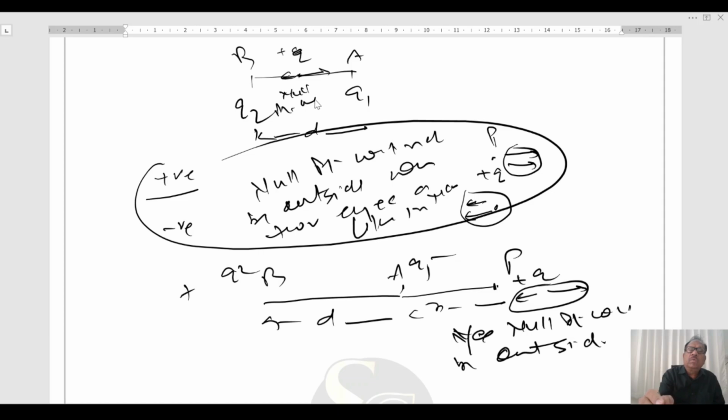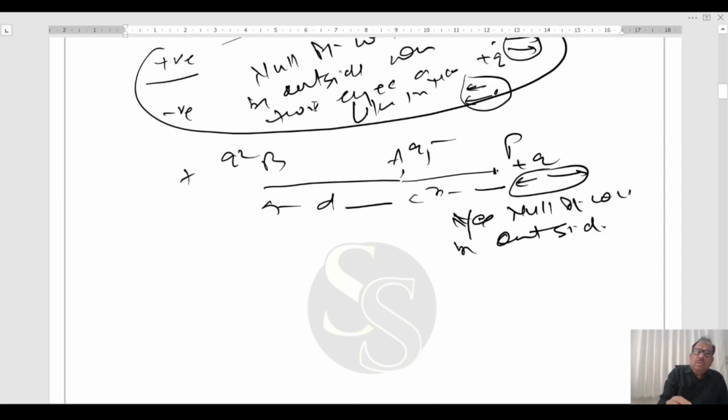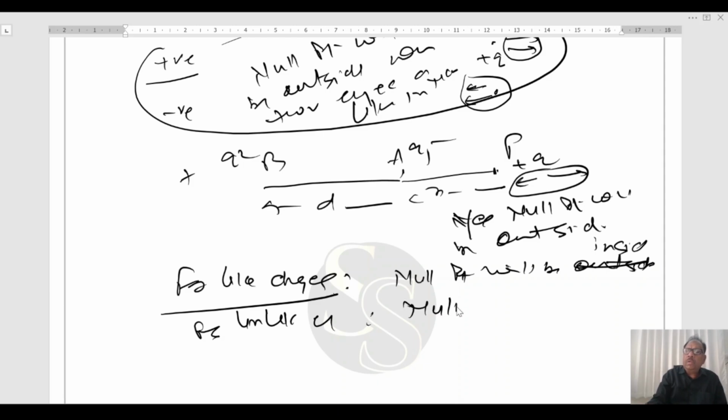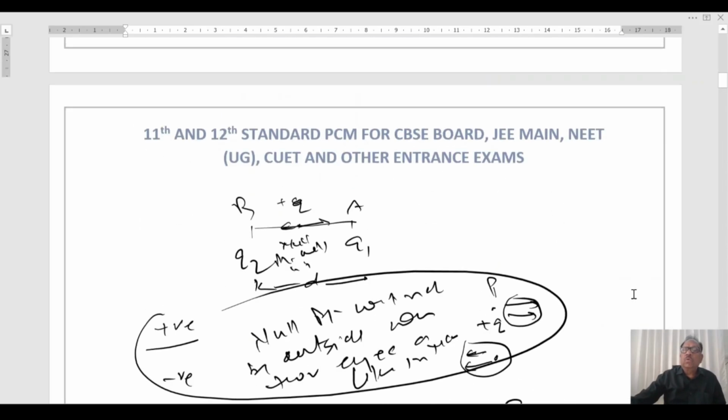So the conclusion is, for like charges null point will be inside, and for unlike charges null point will be outside, right?